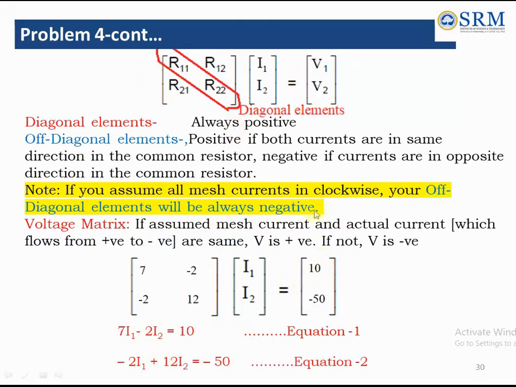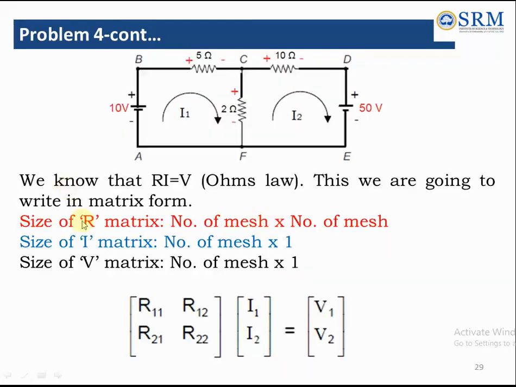And for the voltage sources V1 and V2, if you assume the mesh current and the actual current, going from positive to negative, if both are the same, the voltage is negative. If not, the voltage is positive. Let us see how to find the voltages V1 and V2.